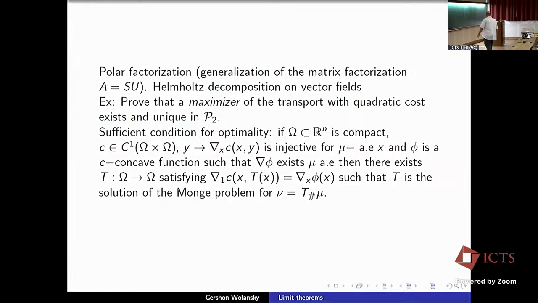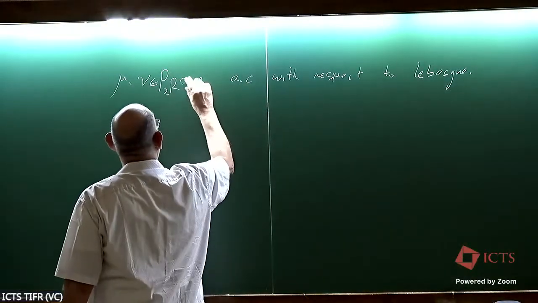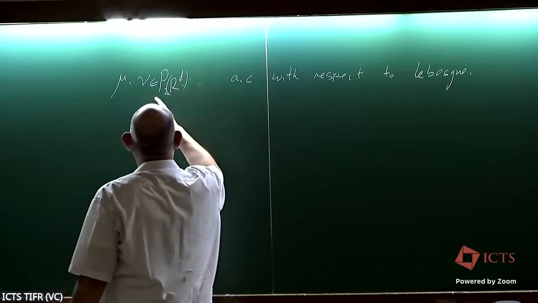The condition for polar factorization is that both measures mu and nu are absolutely continuous with respect to the Lebesgue measure. In addition, they have to belong to P2 of R^d, so they have a finite second moment in R^d.